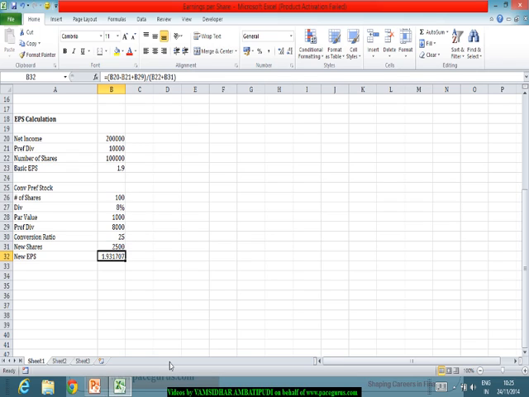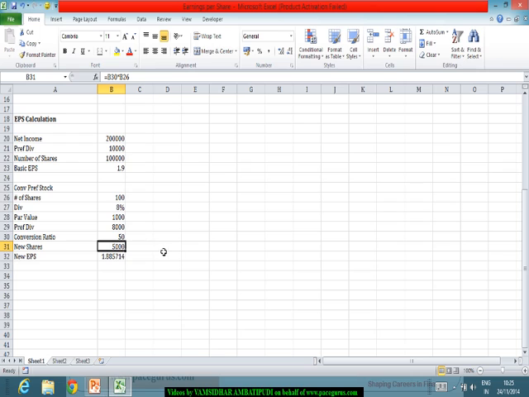The new EPS actually increased, which means this is what I call an anti-dilutive security. But on the other side, let's say the conversion ratio is 50, which means one preference share is converted into 50 common shares.